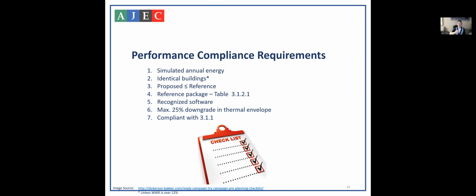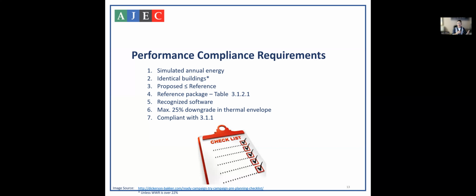So what happens when you have such a high window to wall ratio? The building code house, the reference house, you have to model it at 22% at the most. That is your limit. And then the house that you're designing, which is called the proposed design, will be modeled at 64% window to wall ratio for my example.